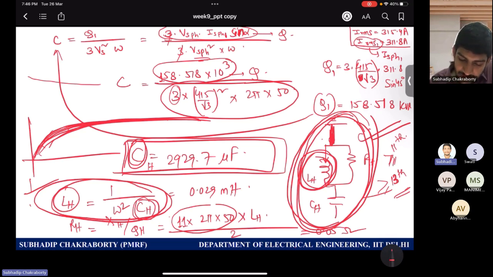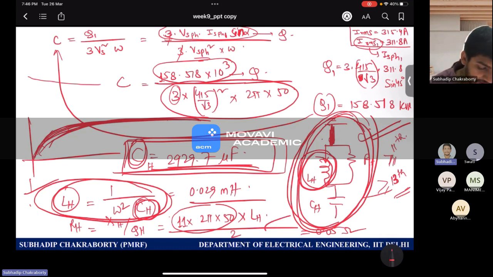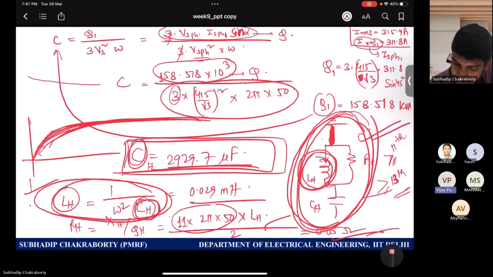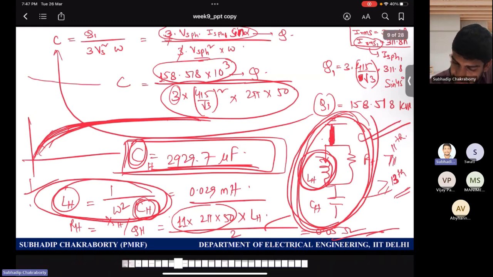So you calculate the value, assuming CH to be this, and LH you calculated. RH you calculate as 0.05 locally. So now, up to this you please note down the values. I am rubbing this portion.